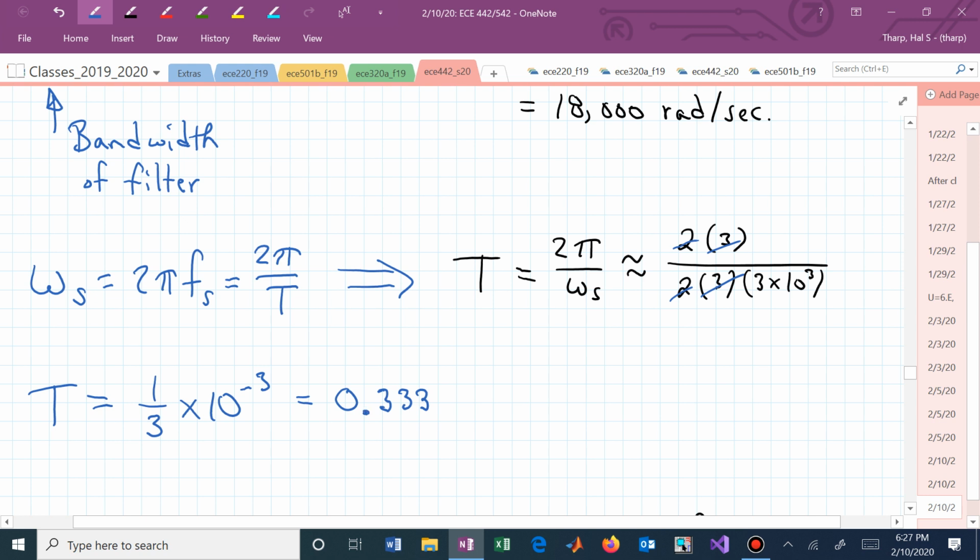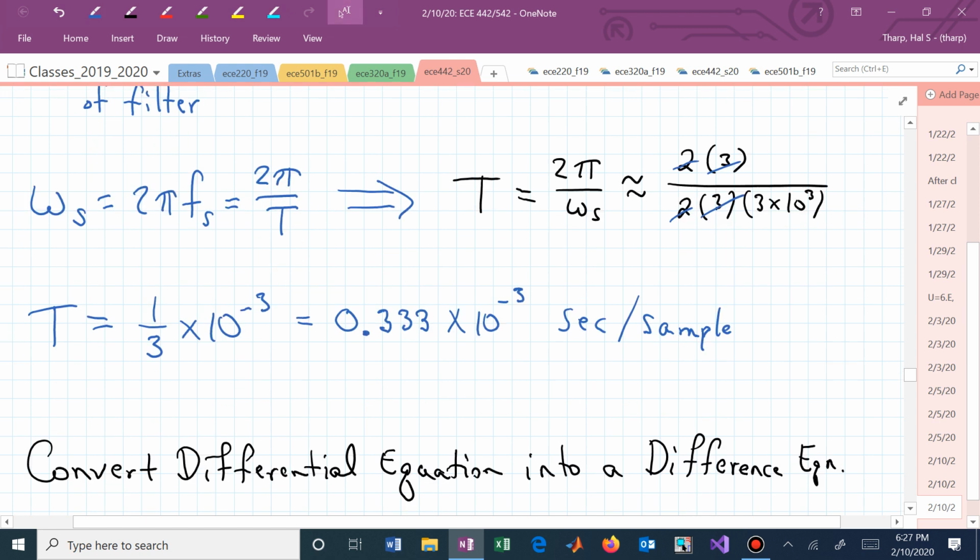And 1/3 is 0.333. And that's now the distance in time, the seconds per sample. Or that's now 0.000333.